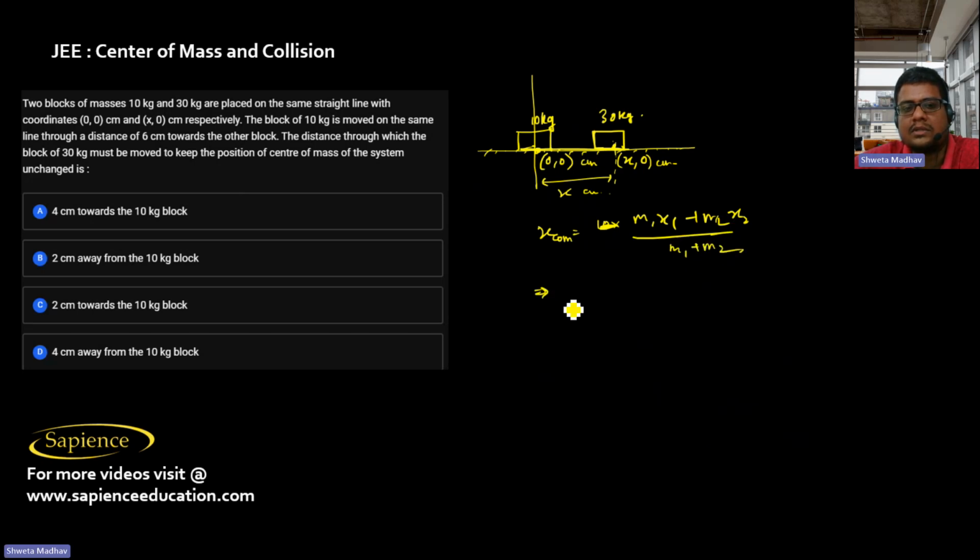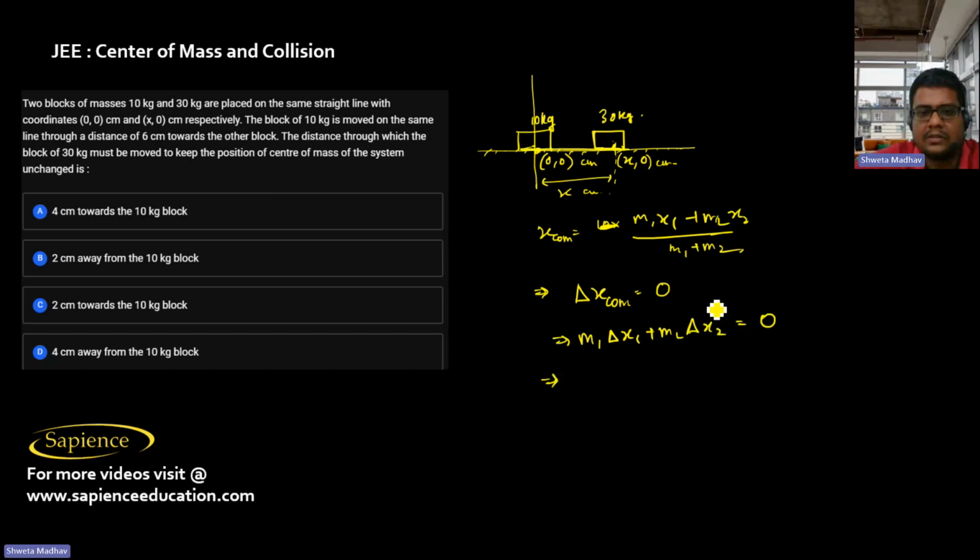Here it is told the position of center of mass of the system should remain unchanged. So delta XCM should be equal to 0. It means change in the position of center of mass should be 0. So it means m1 delta x1 plus m2 delta x2 should be equal to 0.